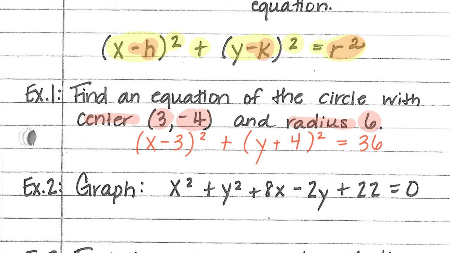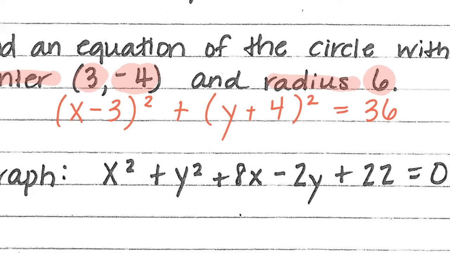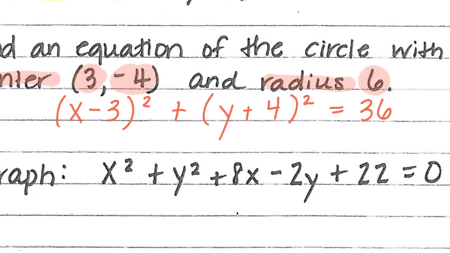For the second one, remember I told you one time that completing the square is always going to come into play? So they're telling us to graph this circle, but in order to graph this circle, I first have to put it into what we call the circle form. So we want it to look like the form above right here. In order to do that, I'm going to put the x's together, x squared plus 8x, and I have to complete this square because I need it to be a perfect square.